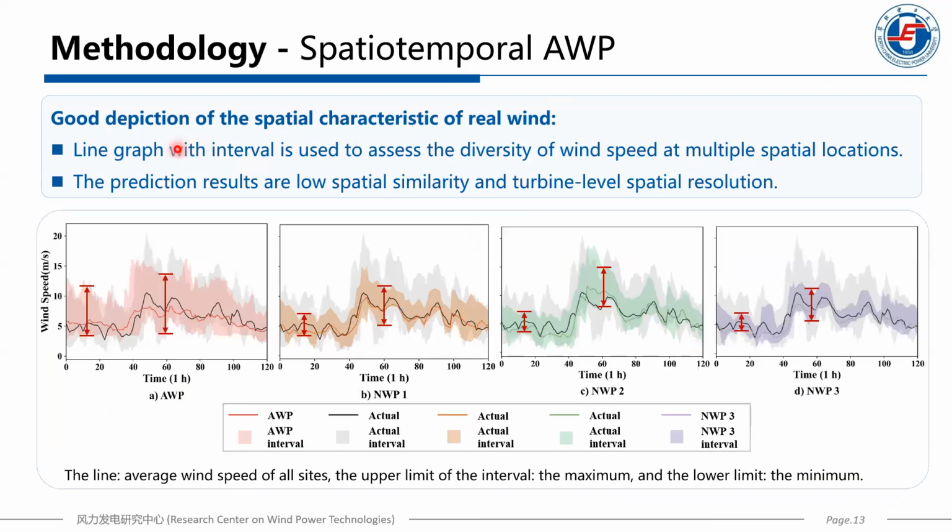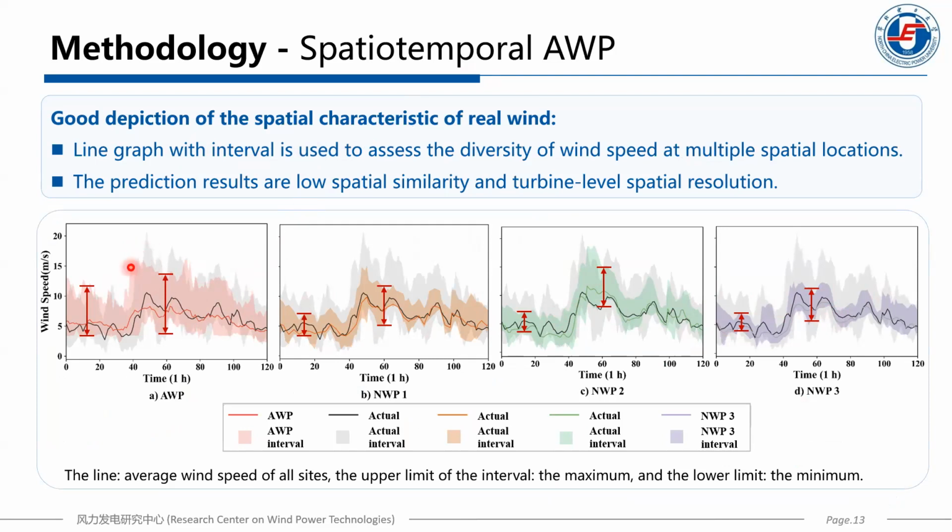And also you could see they could depict the spatial characteristic, the real correlation. They predicted the spatial correlation more accurately than the NWP. So this shows the 3 sources of weather prediction results.